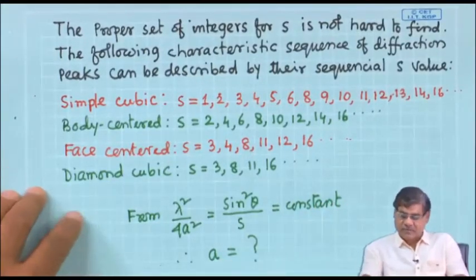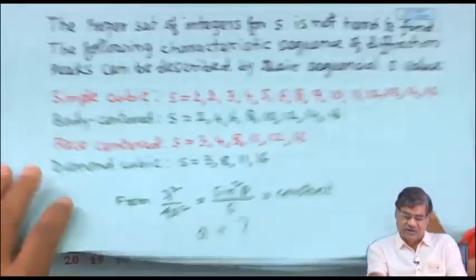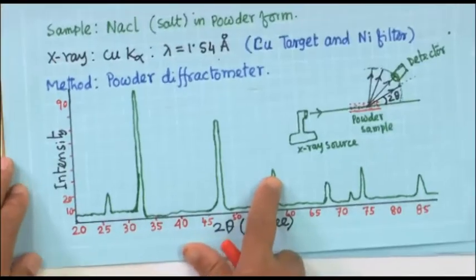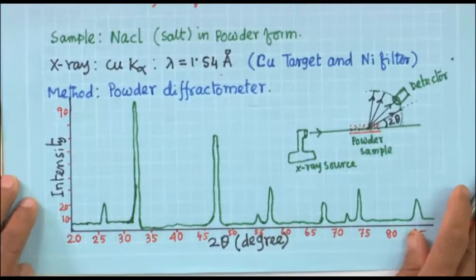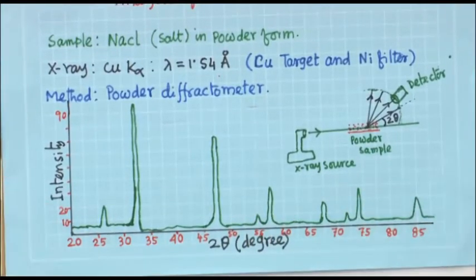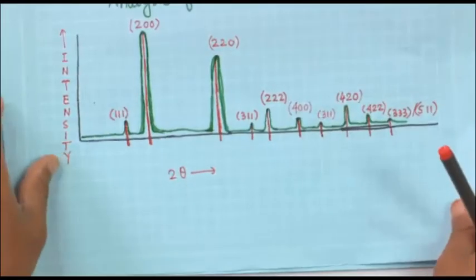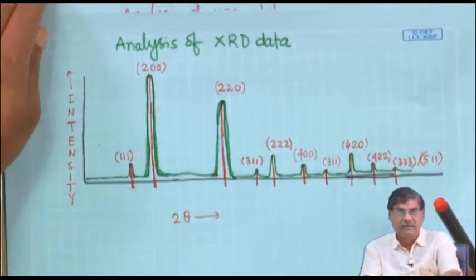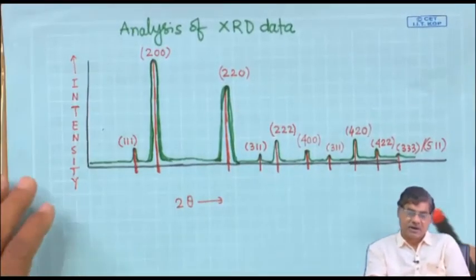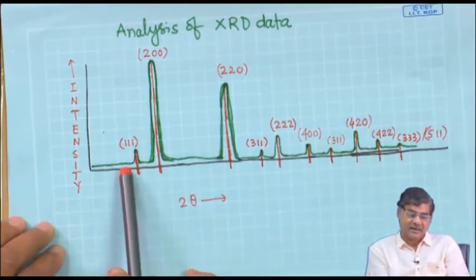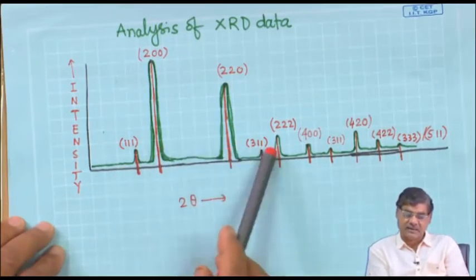Whatever data I showed you initially, there is no indexing of these peaks; this is the sodium chloride sample. Now, following the procedure I told you, you can identify and index the peaks.